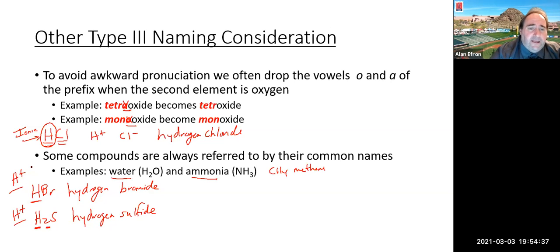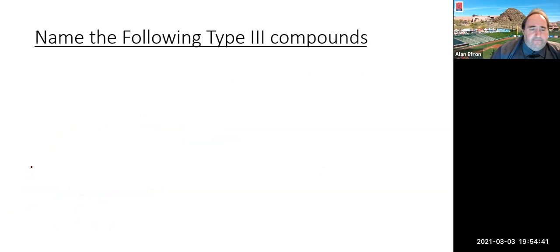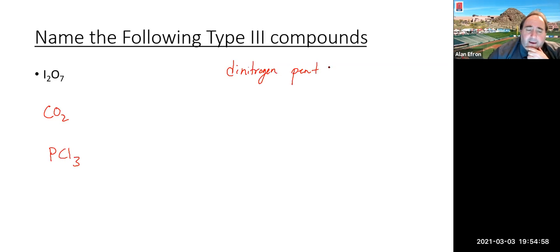All right, so let's take a look at some here and see how you do. I2O7, CO2. Let's do PCl3. Let's also do dinitrogen pentoxide. Give me the formula of that.